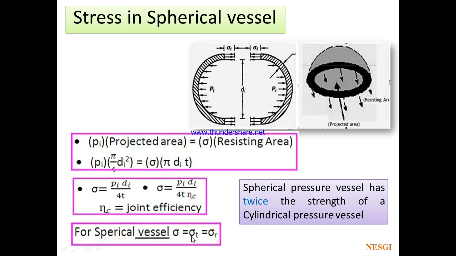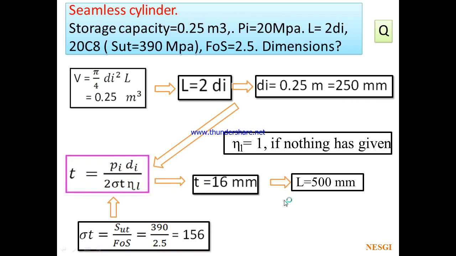For a spherical pressure vessel, sigma equals sigma T equals sigma R. You can see the spherical pressure vessel has twice the strength of the cylindrical pressure vessel for a given thickness. The maximum stress induced is Pi into Di by 4 times thickness, so for a given thickness the stress induced is less compared to cylindrical vessels. That's why it is twice the strength of cylindrical pressure vessels.